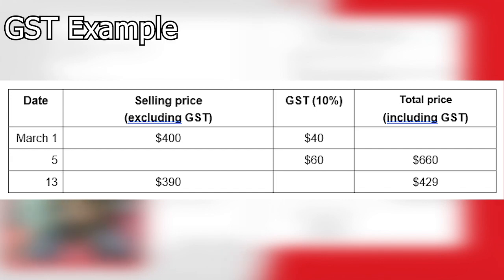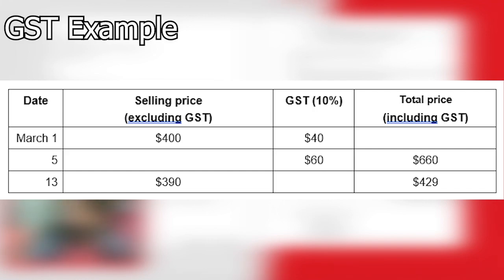We've got a few little options here. So firstly, we've got $400 plus 10% GST, which is $40. And we need to work out the total price, including GST. Next, on the 5th, we have a blank selling price.